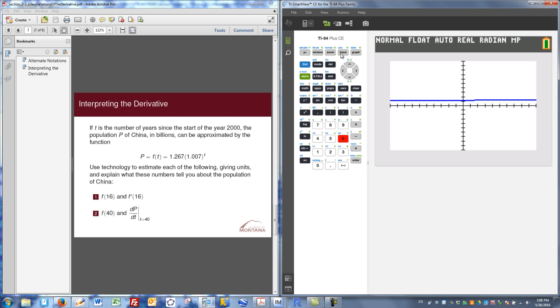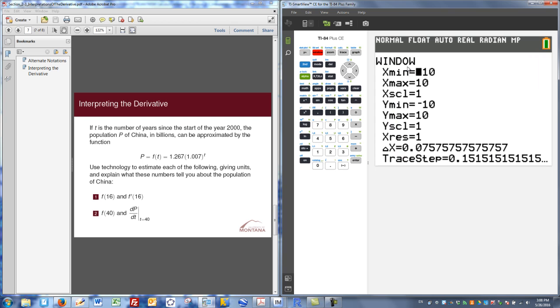So let's think about windows. It doesn't really make sense to give negatives here because we're starting in 2000 and moving forward. We want to know about 16 and 40. So let's go ahead and change our window, make the x minimum 0, and the x maximum, if we want to go to 40, let's make it 50.